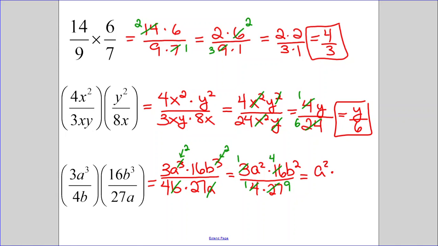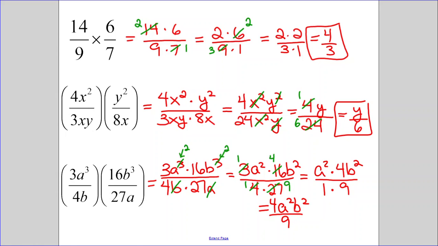and really I just have a squared on the top and 4b squared over 1 times 9. That simplifies quite a bit. So now, I have to put my number first, 4a squared b squared over 9.